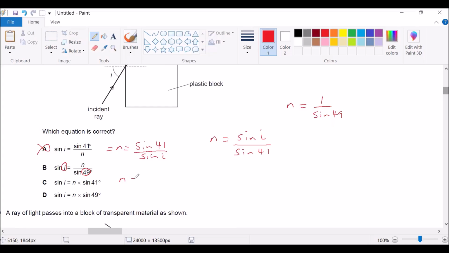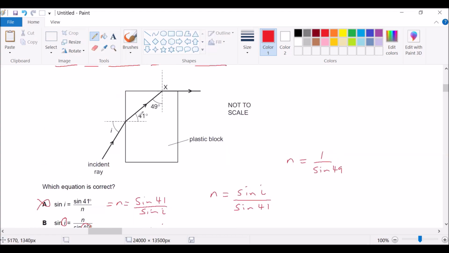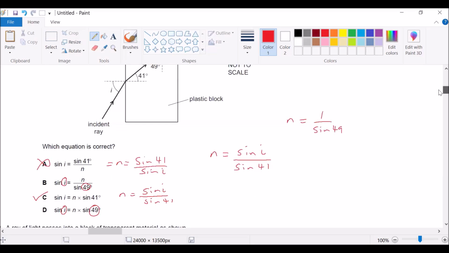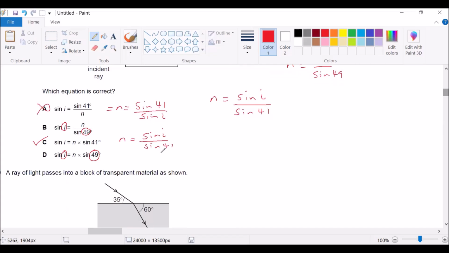You can say N is equal to sine I over sine 41, which is the same as this, so this statement is correct. Again here, I and 49 don't have a relationship. I has only a relationship with 41. So our answer is C.